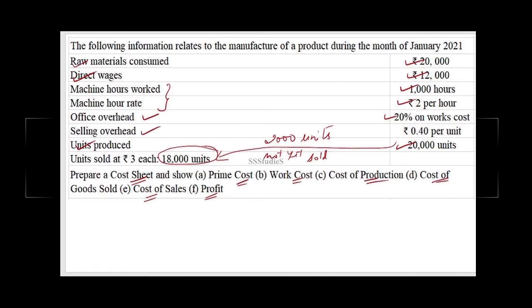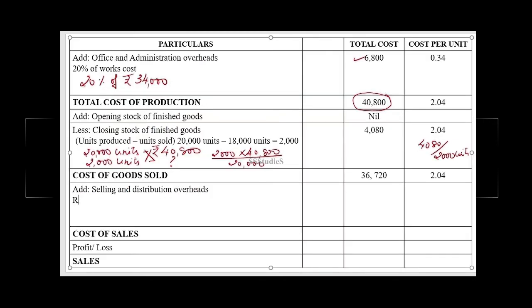Next, let us find out the selling and distribution overheads. So selling overheads is rupees 0.40 per unit. So it is 0.40 into the number of units sold, 18,000 units. That comes to 7,200.